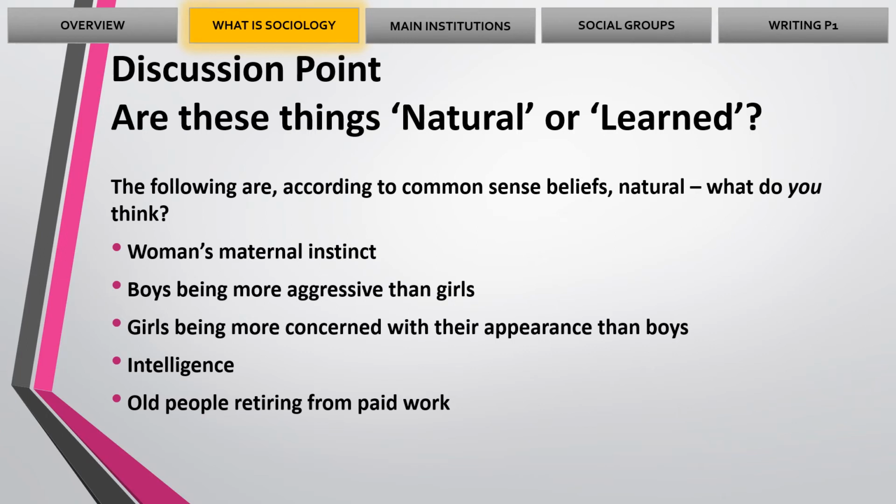Okay, so let's have a quick look at these. Women's maternal instinct, is it natural or is it learned? Now, when I've had discussions about these topics with my classes in the past, we find it's a little bit of both. So if we go N for natural and L for learned, women's maternal instinct, a lot of arguments say it's natural.